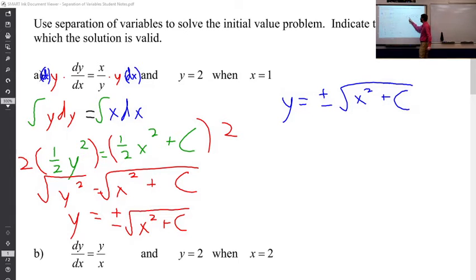Now, we're going to do the same thing we had done with some of these problems in the last chapter, and we're going to solve for c. We're going to solve for our constant. So I'm going to do that by same thing we did in the last chapter. Plug in the point. Y is 2 and x is 1, so that means that 2 goes in for y, and 1 goes in for x.